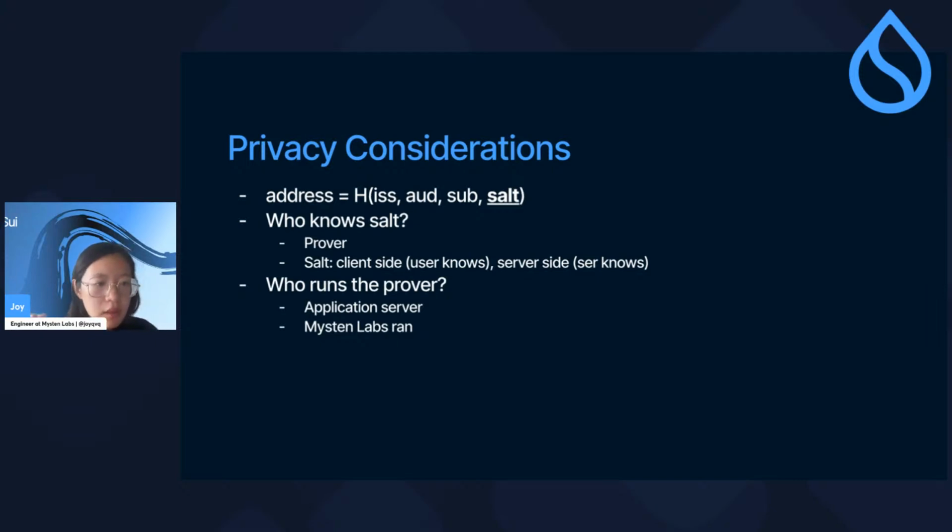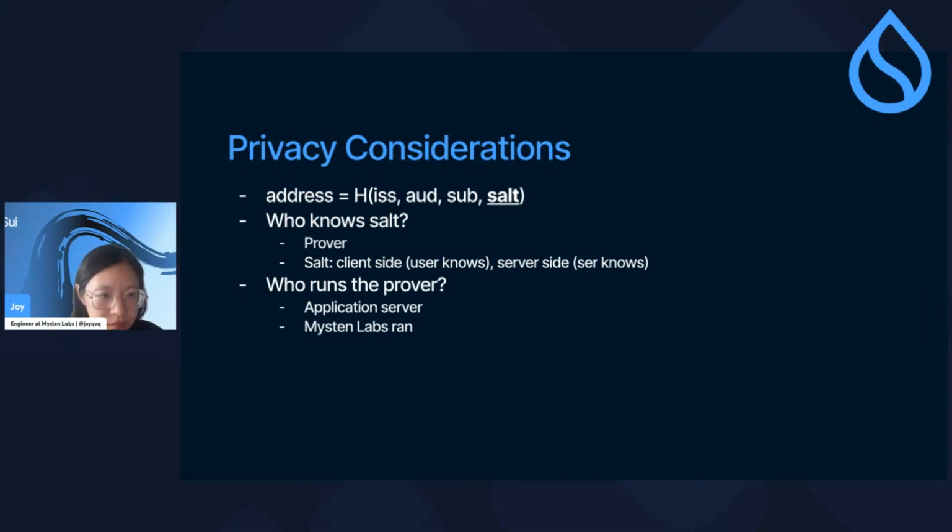There's some sensitiveness around the salt value. What that means is if you do know the salt for someone's address, it's not that hard to figure out what their Sui address is. So that's what we mentioned earlier about where to store the salt. There's two considerations.